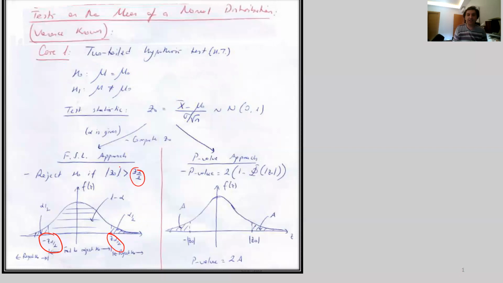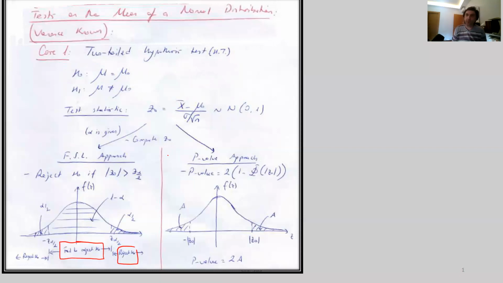This means that z0 is somewhere here. And in this case, we reject the null hypothesis H0, and we reach a strong conclusion. Otherwise, we fail to reject H0, and what we obtain is a weak conclusion.